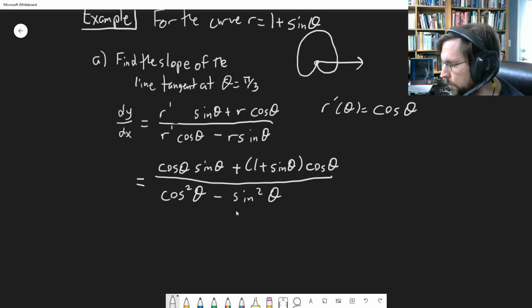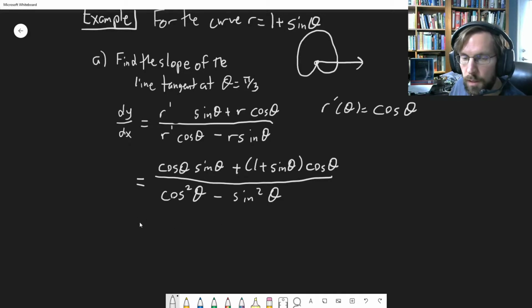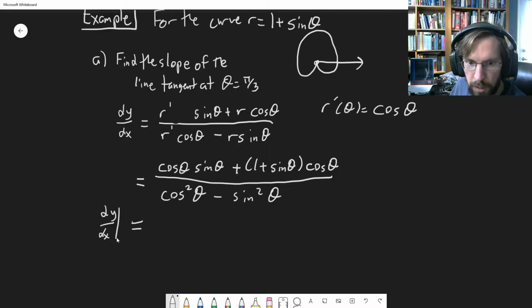We can simplify this a little bit, but if we're just plugging in theta equals pi over 3 for part A, we'll do some simplifications in the next step. So we take dy/dx and plug in theta equals pi over 3.